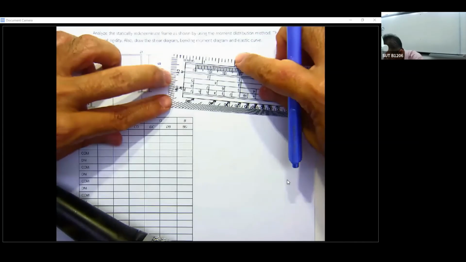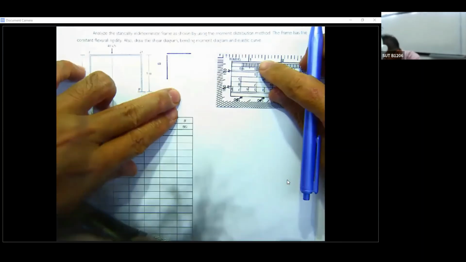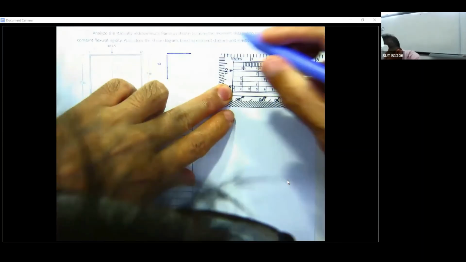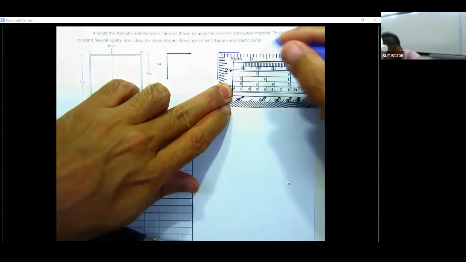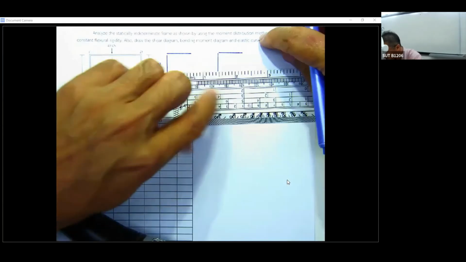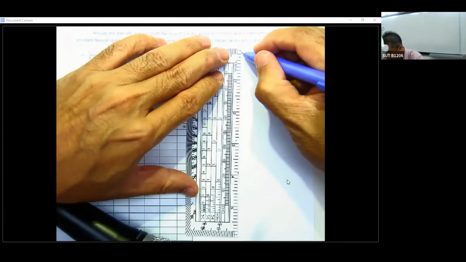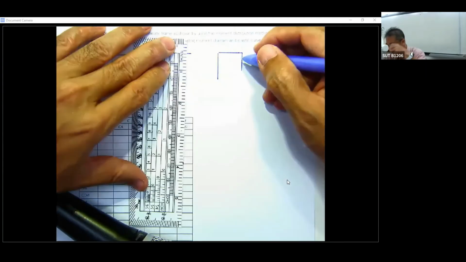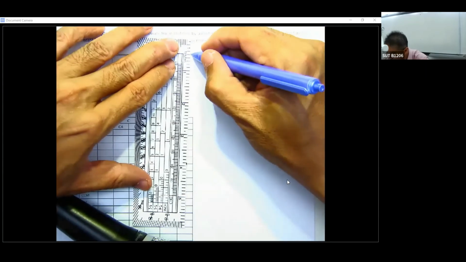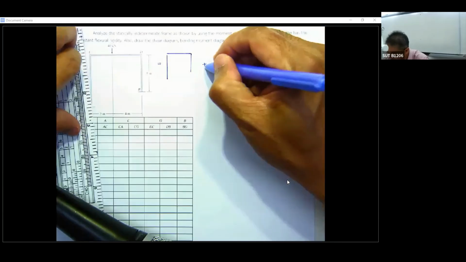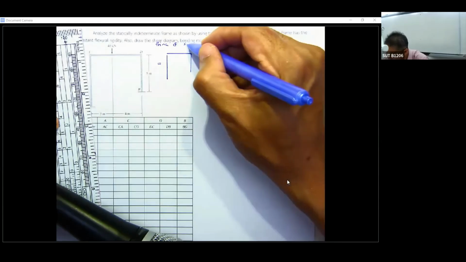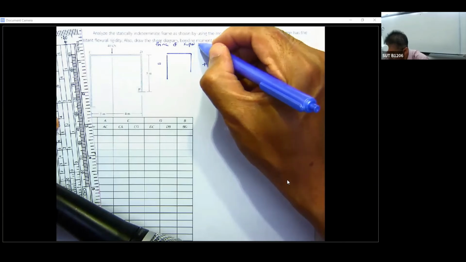One, just put this one, and another one that has a different length of column. You may just draft it by using the principle of superposition. Don't forget, I don't have much time, so I will leave some writing out.